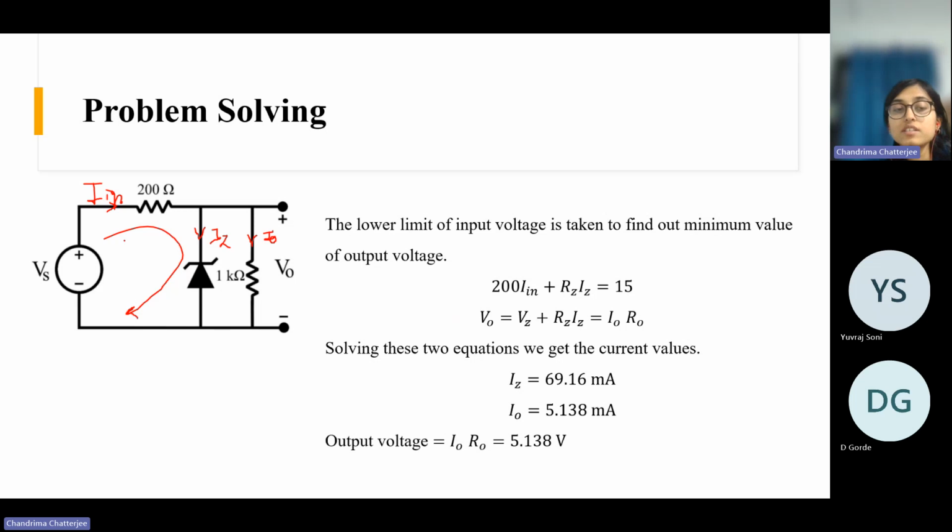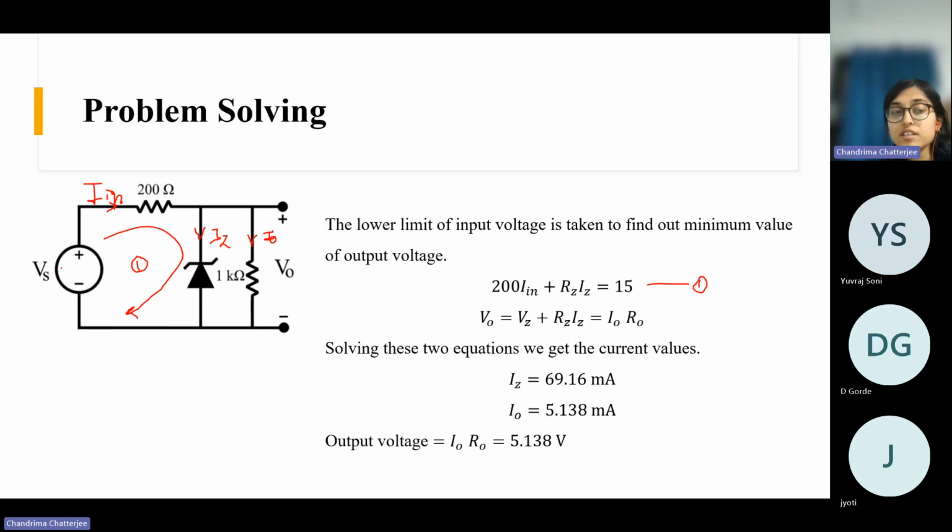In the first loop, loop 1, we can write 200 I in plus Rz IZ, because there will be a dynamic resistance Rz IZ, equal to the supply voltage minus the Zener voltage.